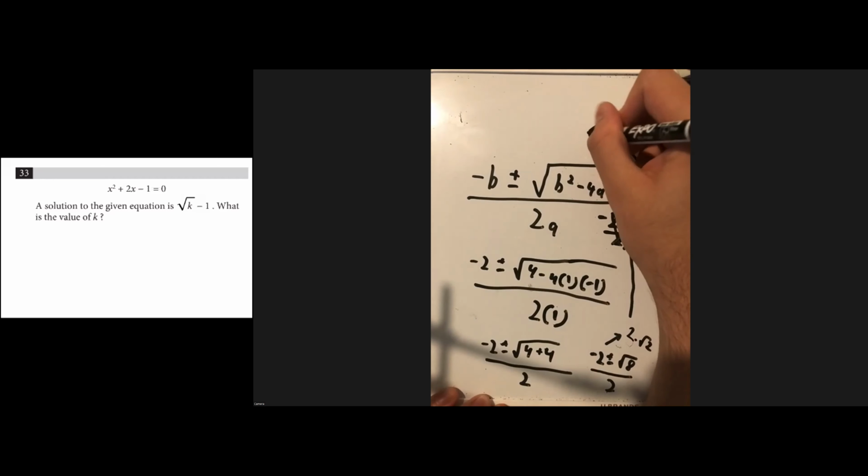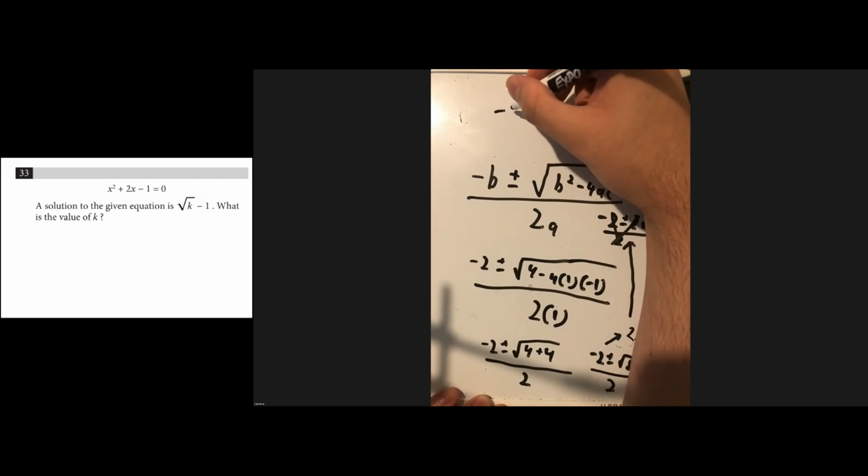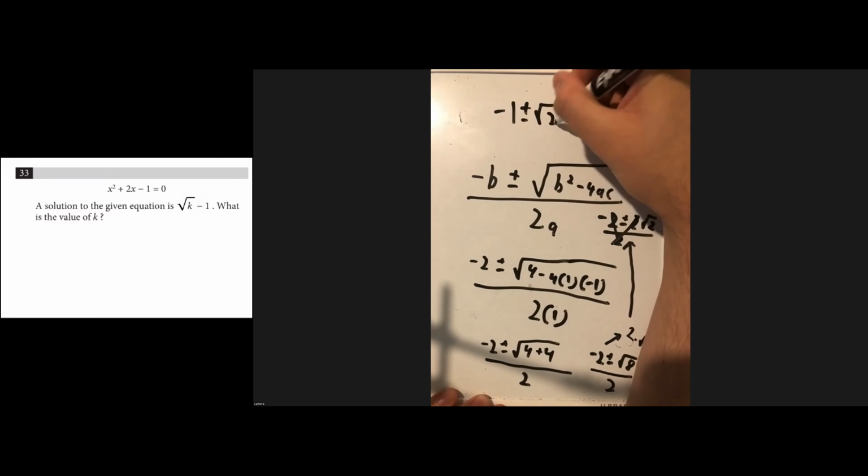And these two cancel out and these two cancel out. So you would get negative 1 plus or minus root 2. There's no space, so I'll just erase this top part. Basically, that gives you negative 1 plus or minus root 2.